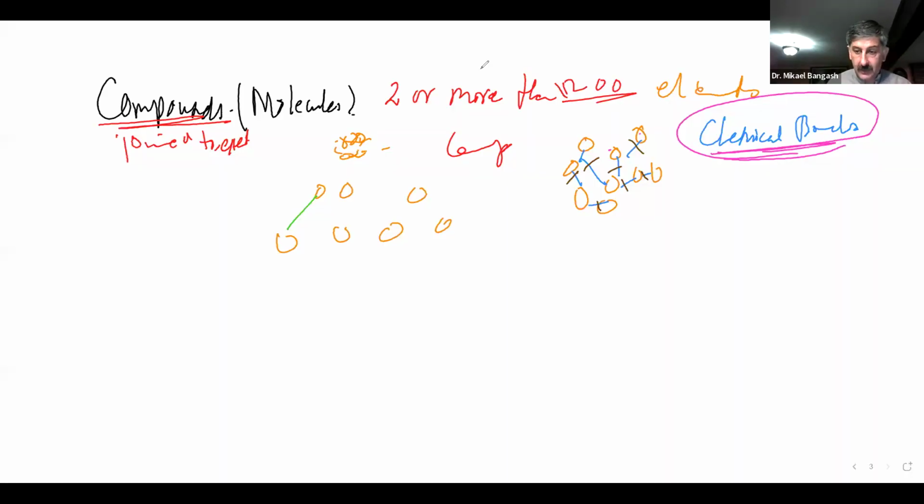Now, when we talk of compounds or molecules in terms of chemistry, we have two major types of compounds. What we also can mean by compound can also be molecule.